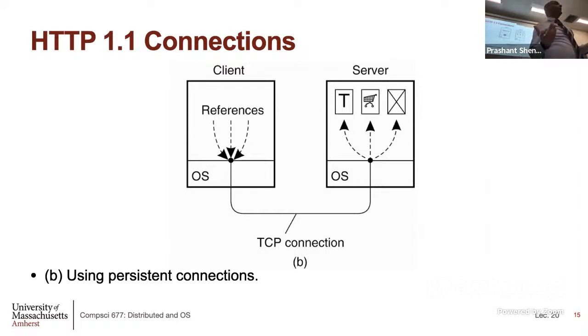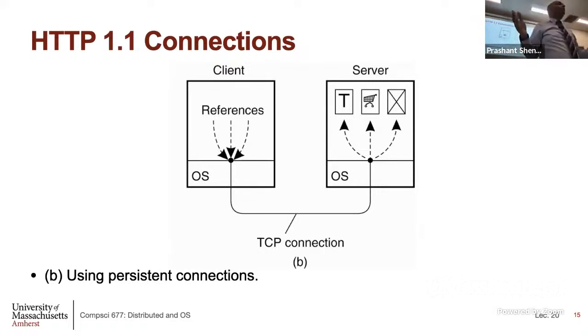An idle connection wastes resources on the server because you have all this TCP state you are keeping on the server. If you close that, you would have released those resources. But at the same time, if you make frequent connections, you also create more overhead on the server. So there is some balancing to be done when you have persistent HTTP.